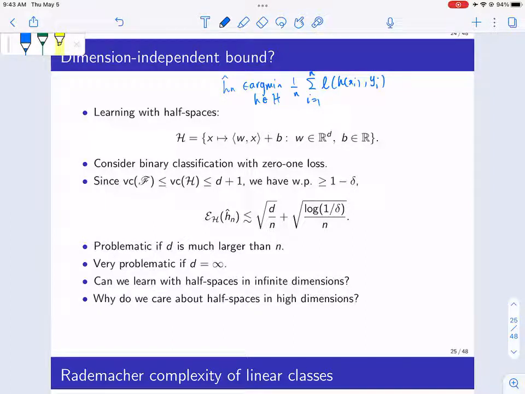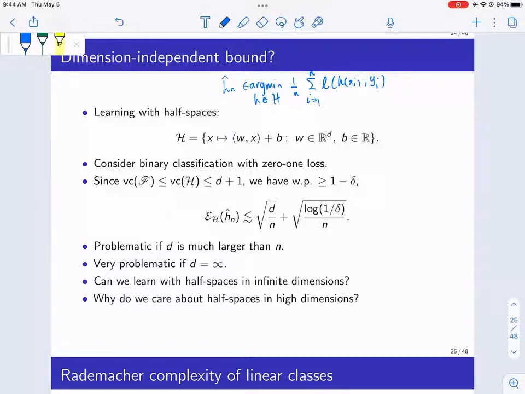So we're restricting ourselves to the linear class. And for the linear class, let's say the loss is one bounded. I guess even if it's not bounded, the VC dimension of the loss class will be bounded by the VC dimension of H. And the VC dimension of H is bounded by d plus 1, and so this is further bounded by, let's say, 2d.